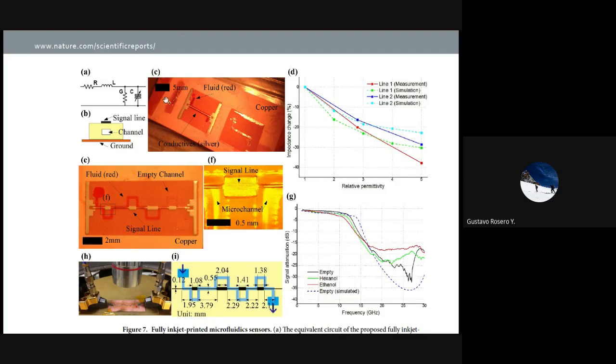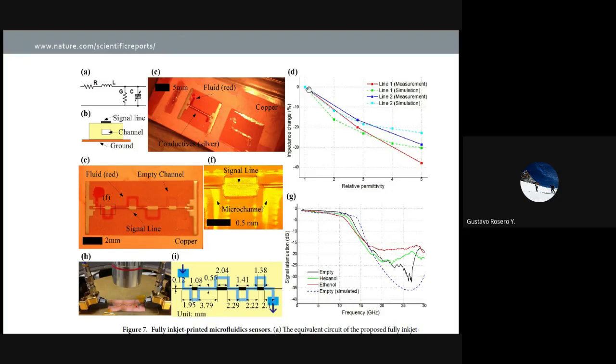In this case they use copper as a substrate, and they measure the capacitance when the channel has liquid or is without liquid, and they have these lines with the impedance. One of these is the simulation.